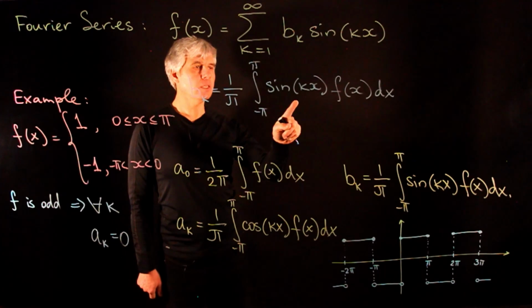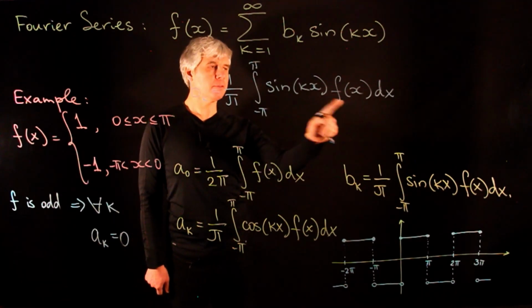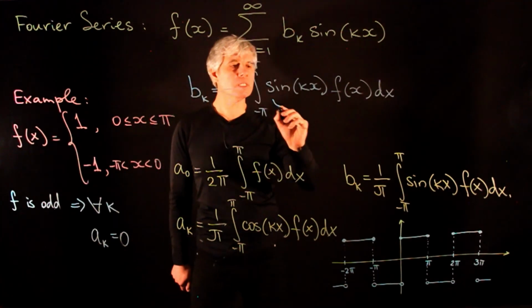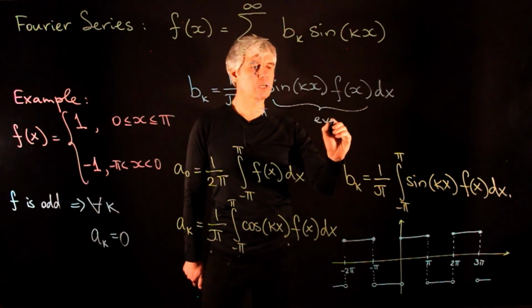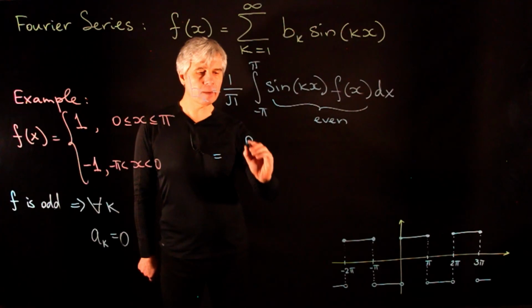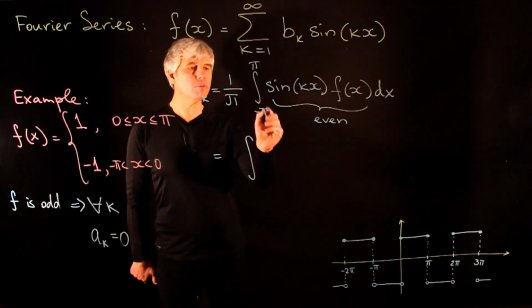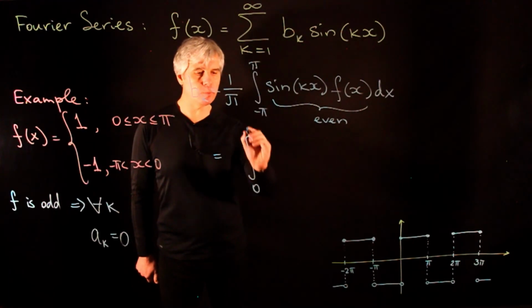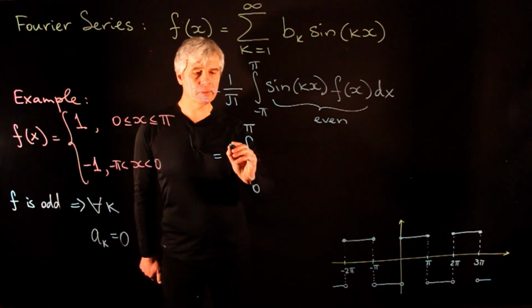Now, sine is an odd function and f is an odd function. So this tells us that the product is an even function. And because this function is even, we can compute the integral not from minus pi to pi, but from 0 to pi, and double the result.